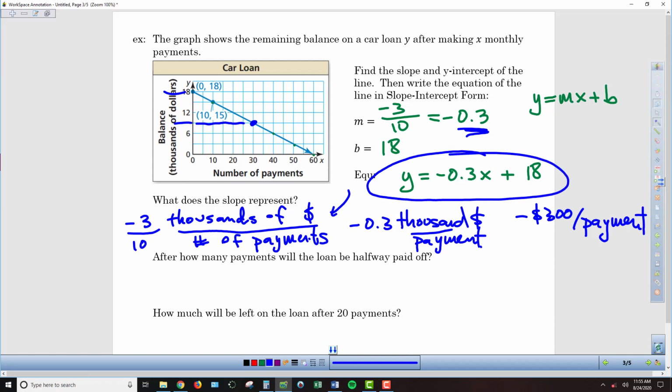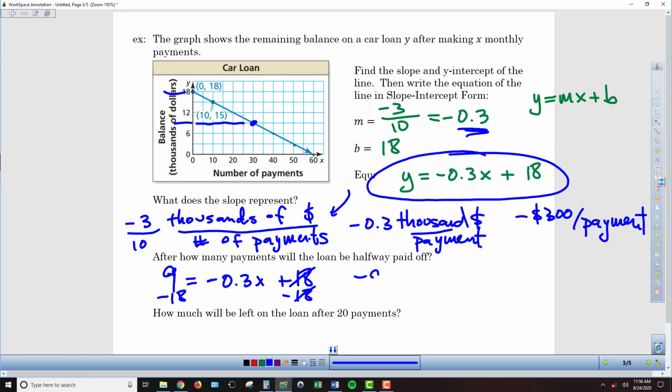Well, to use that equation, if I want to know how many payments I'll have to make in order to get to the halfway point, the halfway point would be, in place of y, I would only owe $9,000, so 9 equals negative 0.3x plus 18. So then we can just go ahead and solve. Subtract 18 from both sides.